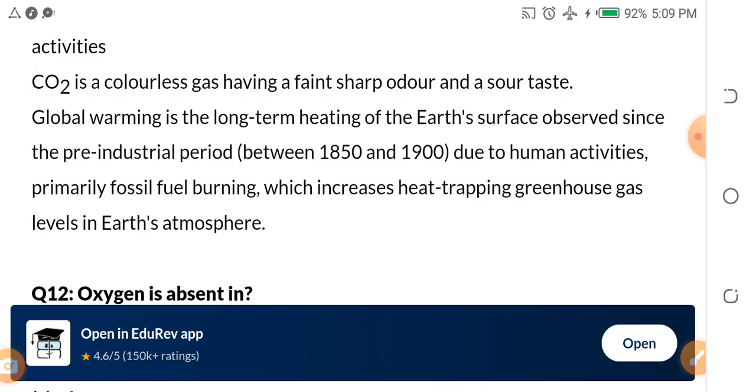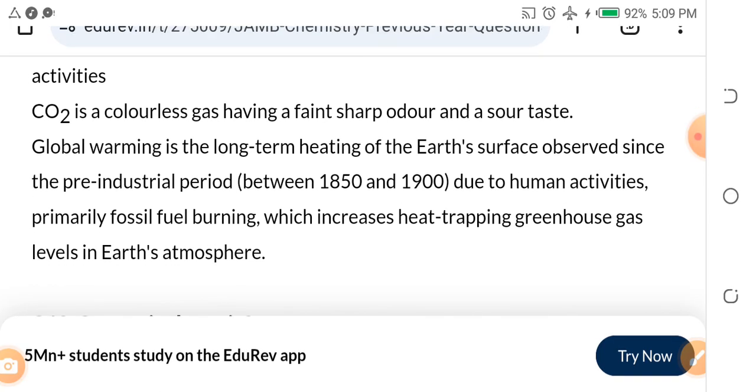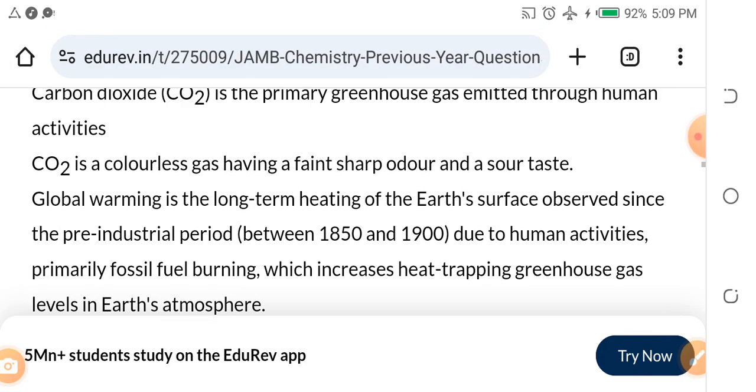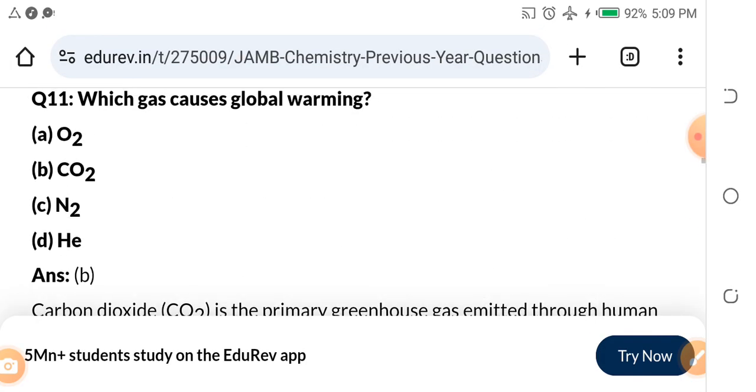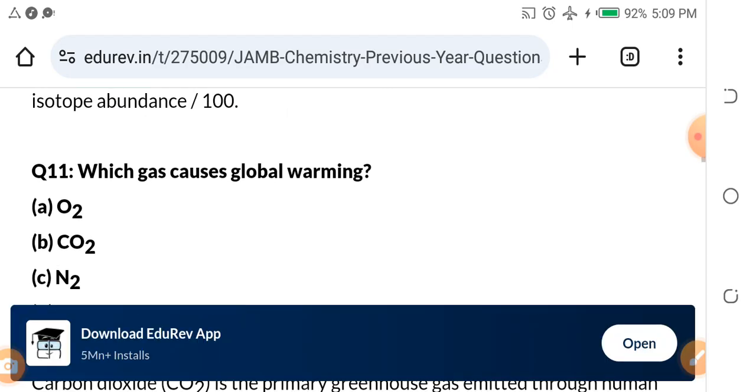Global warming is the long-term heating of the Earth's surface observed since the pre-industrial period between 1850 and 1900 due to human activities, primarily fossil fuel burning, which increases heat-trapping greenhouse gas levels in Earth's atmosphere. So the culprit here is CO2, carbon dioxide. That is what is causing all the wahala we are having. Okay? Are you still following?